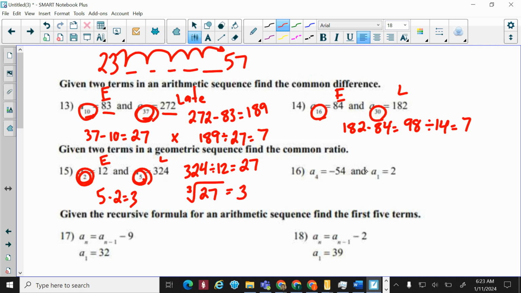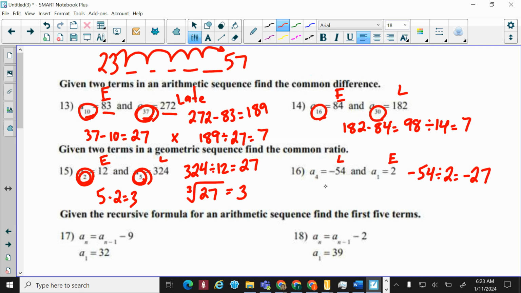Question number 16 is a little confusing because they put the later term first. The fourth term is -54, and the first term is 2. So technically this is the later term, and this is the earlier term. You do negative 54 divided by 2, which gives you negative 27.